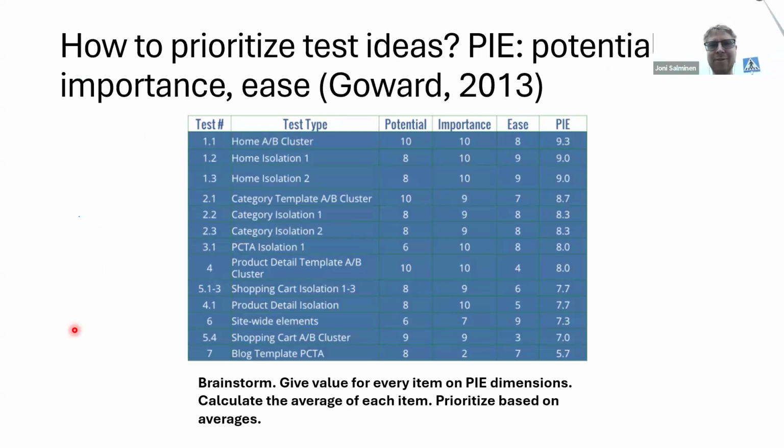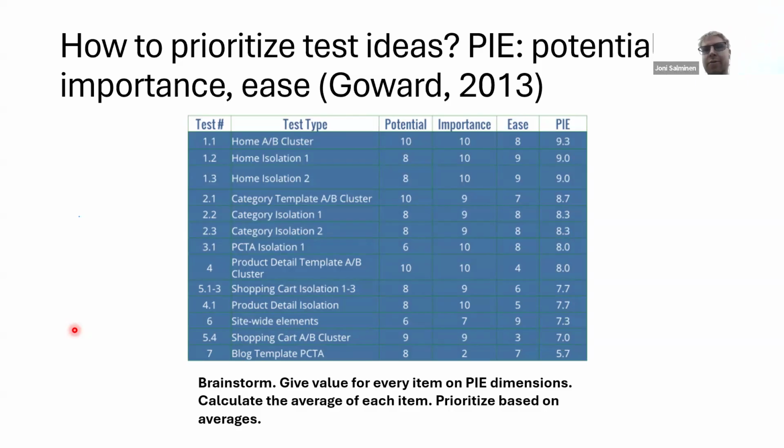And then when we have a bunch of ideas, so we can brainstorm in the team and generate ideas for A/B testing, then it's important to prioritize them. And here is one framework for that. It's called the PIE: potential, importance, and ease. So multiple team members can rate, and then we can calculate the average PIE value, and the higher it is, the more likely.